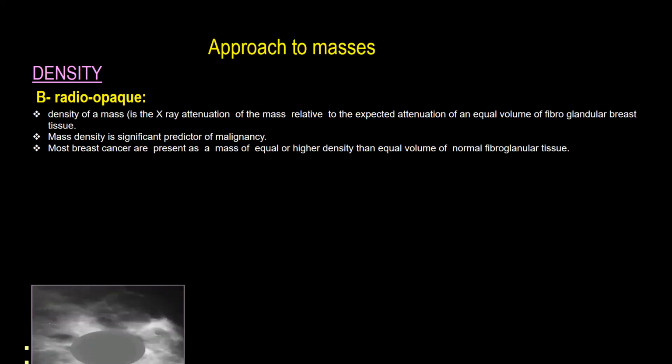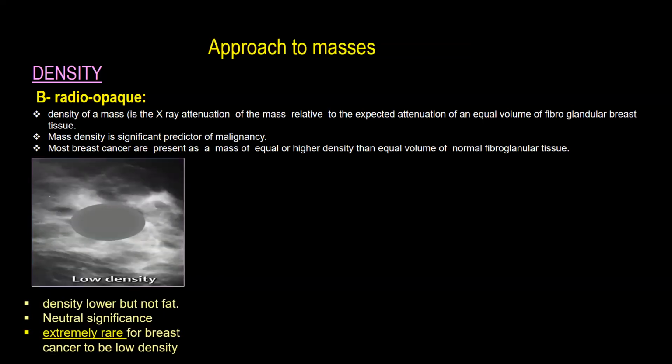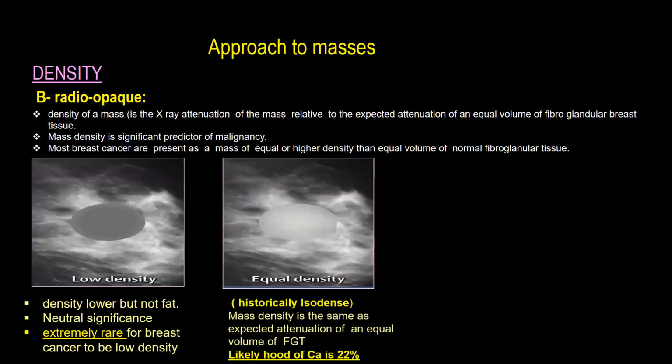Excellent, excellent. So what are the types of density for the opaque mass? It is high density, equal density, or low density, but not fat. Low density, but not a fat density. The density is less than fibroglandular tissue, and cancer is extremely rare in this group.